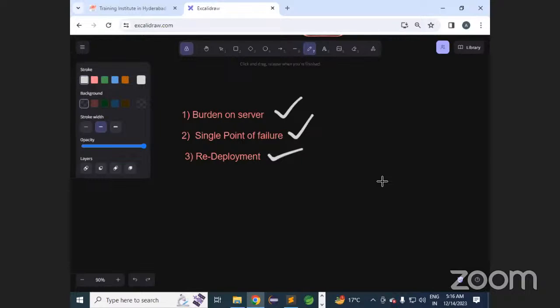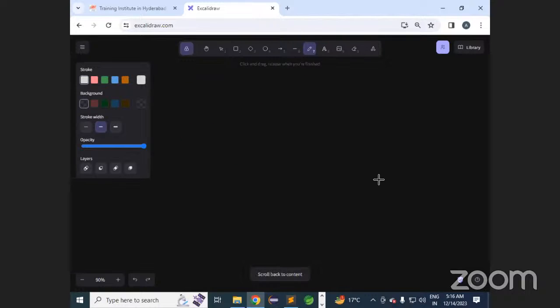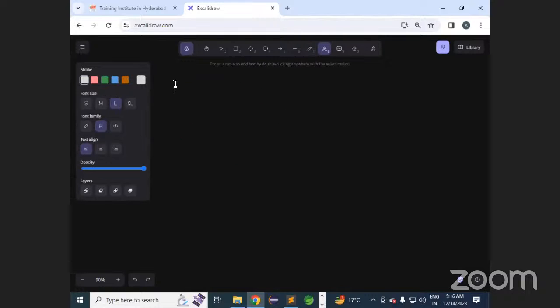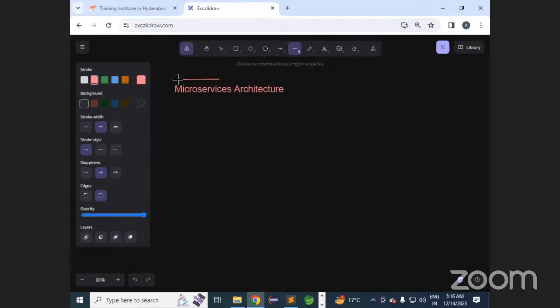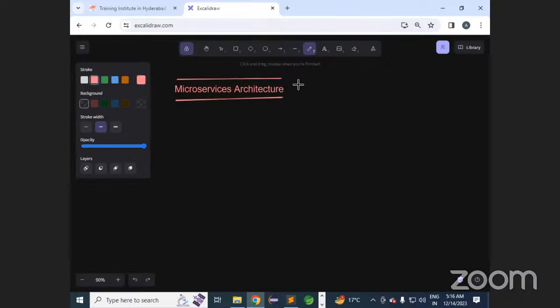Are you clear? Now, to overcome these challenges, people are developing projects using microservices architecture. Guys, remember, microservices is not a technology.